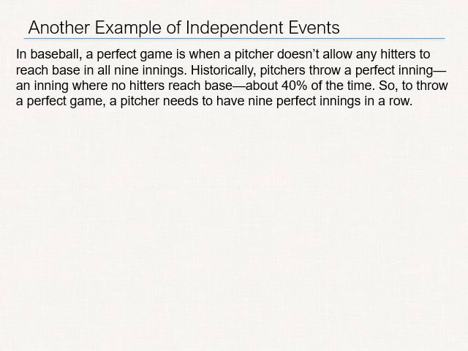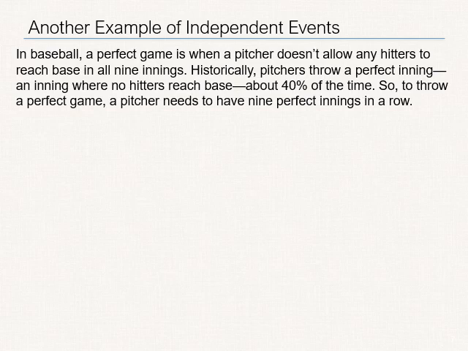All right, so let's look at another example. In baseball, a perfect game is when a pitcher doesn't allow any hitters to reach base in all 9 innings. Historically, pitchers throw a perfect inning, an inning where no hitters reach base, about 40% of the time. So we'll call that a perfect inning.